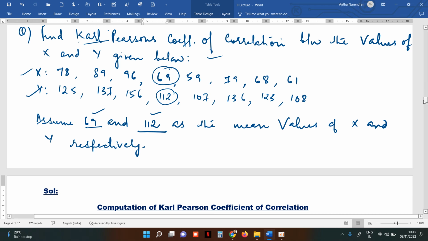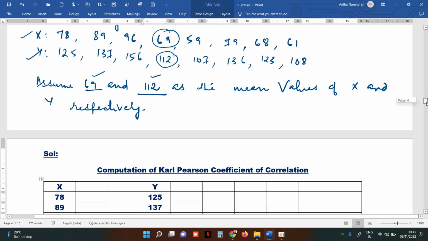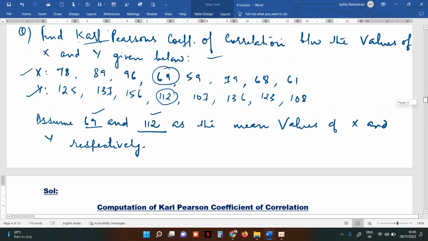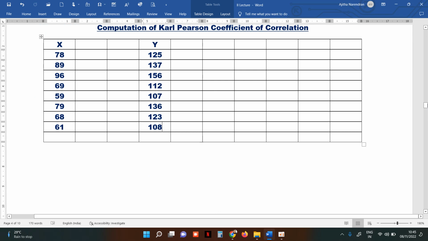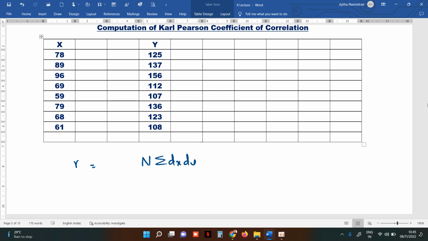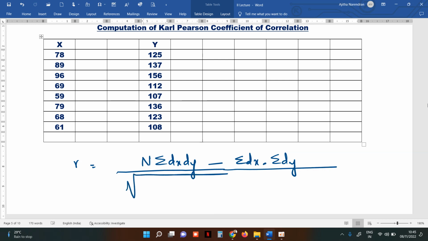So one task is less here because we need not select the assumed mean, right? I have just taken the sum of x and y and written it here. Before that, I'll write the formula also. r is equal to, the formula is very simple, summation of dx dy minus summation of dx into summation of dy, whole divided by, first for x we take n summation of dx square minus summation of dx whole square.